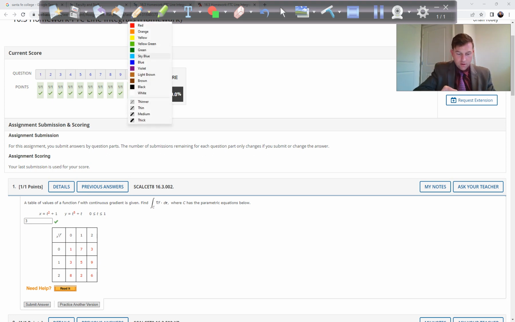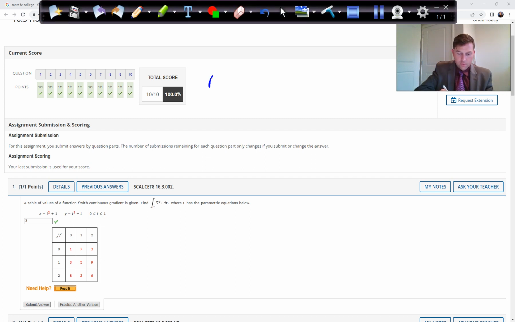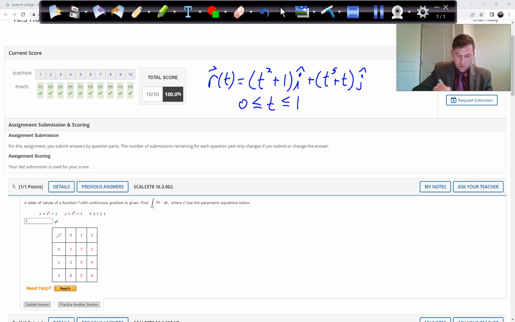So we have x equals t squared plus 1 and y equals t to the 5th plus t. So the parametric vector r as a function of t is going to be t squared plus 1 in the i direction plus t to the 5th plus t in the j direction, and that's for t between 0 and 1.